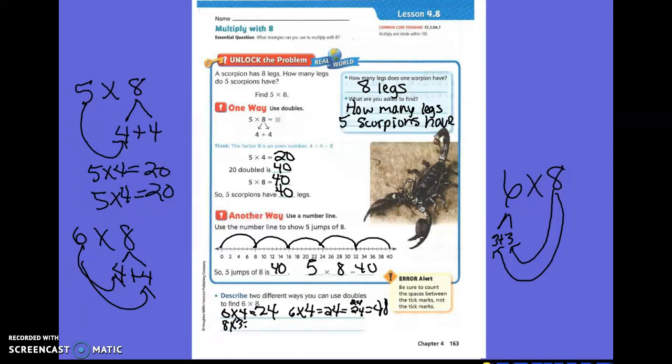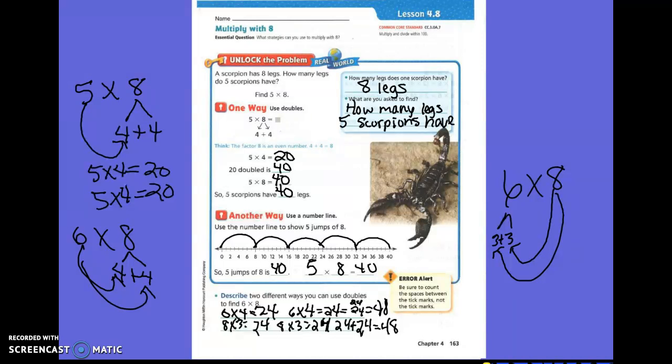Look at your number line. 1, 2, 3. 24. And then 8 times 3 again is 24. 24 plus 24 is 48. Same answer, right? You just split different numbers.